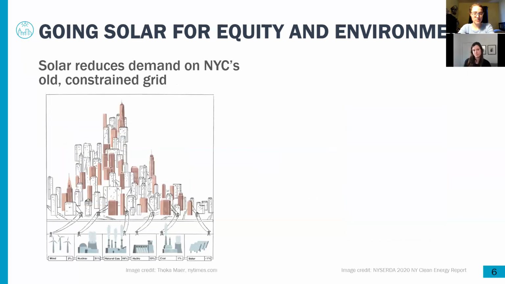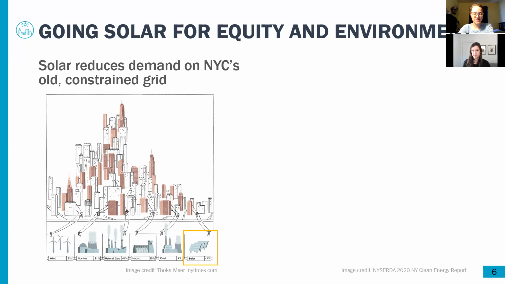It's also important because New York City has the oldest grid in the world. Thomas Edison invented electricity and premiered it in New York City. Right now, solar is a small portion of that, but it's very important to grow solar in New York City.